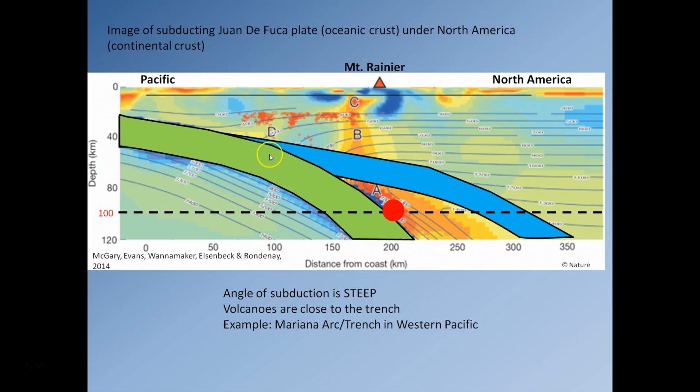So the plate takes even longer to make it to the magic 100 to 150 kilometer depth. So that means it takes a lot longer to melt, and so that means the volcanoes that form are going to be a lot further away from the trench. So the shallower the angle of subduction, the further back from the trench the volcanoes will be.